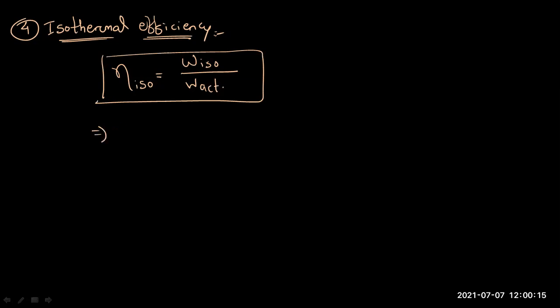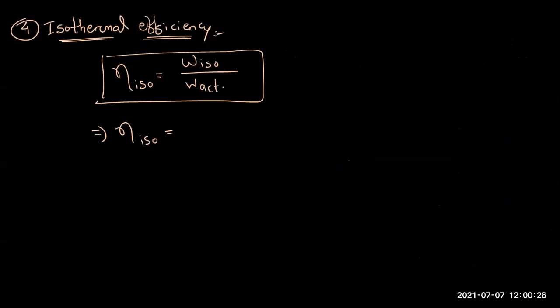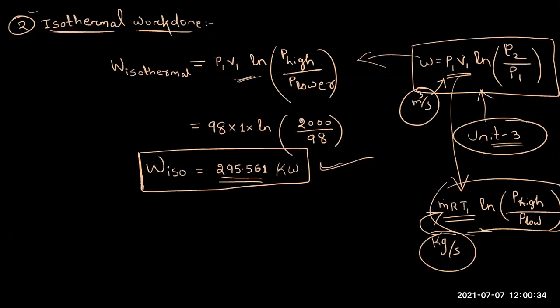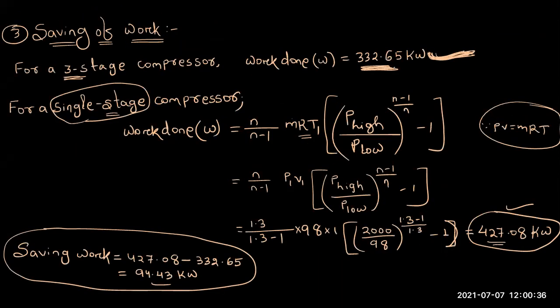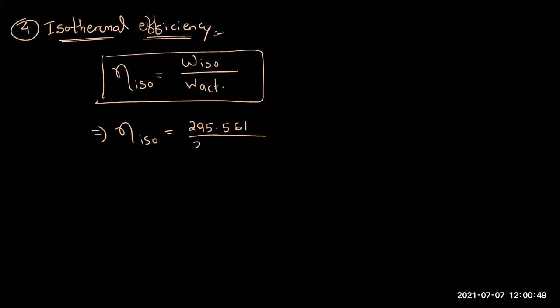That implies isothermal efficiency equals, what is the isothermal work done? Isothermal work done is 295.561, whole divided by actual work done. For the 3-stage compressor, what is the actual work done? For a 3-stage compressor, the actual work done is 332.65. Here we have calculated the work done by the 3-stage compressor, 332.65.